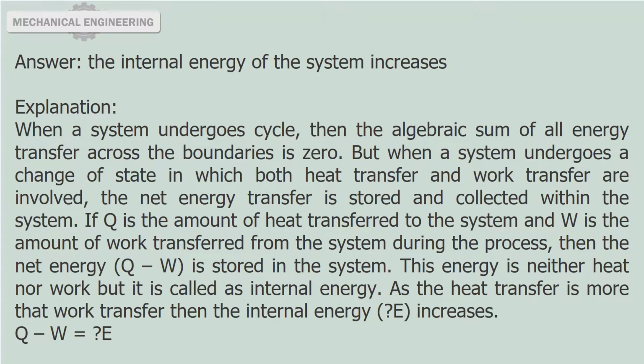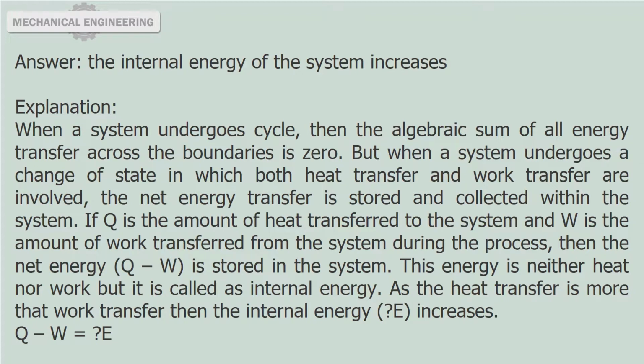Answer: the internal energy of the system increases. Explanation: when a system undergoes a cycle, the algebraic sum of all energy transfer across the boundaries is zero. But when a system undergoes a change of state in which both heat transfer and work transfer are involved, the net energy transfer is stored within the system.